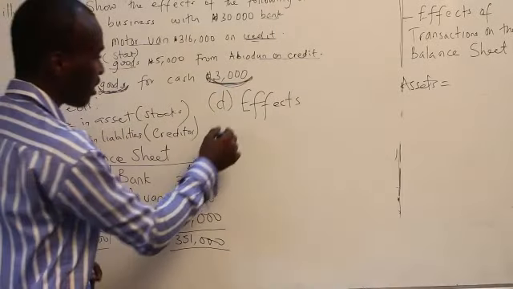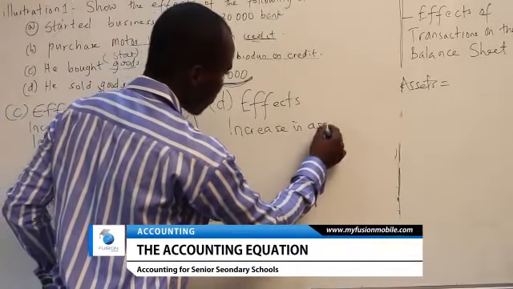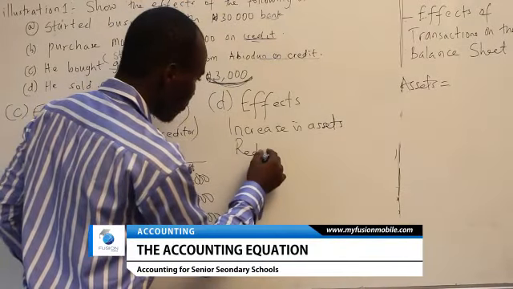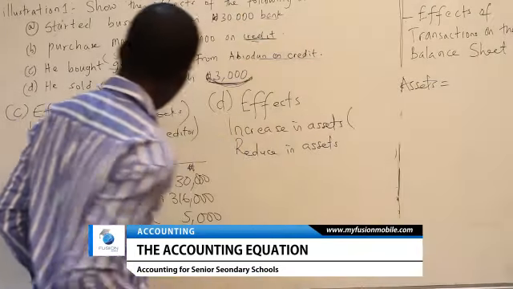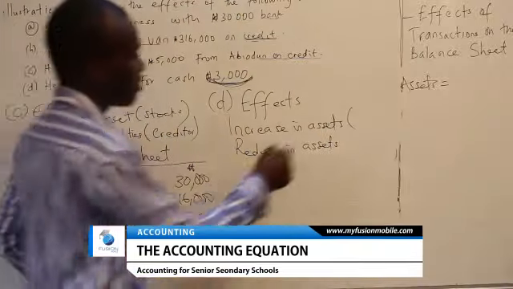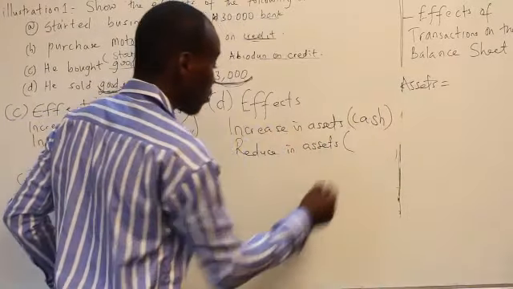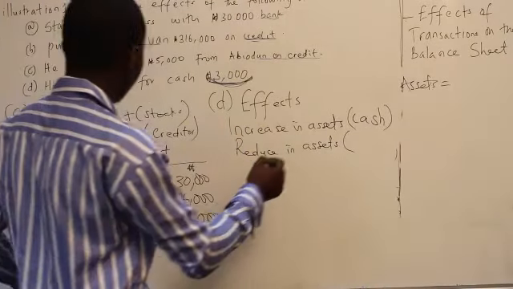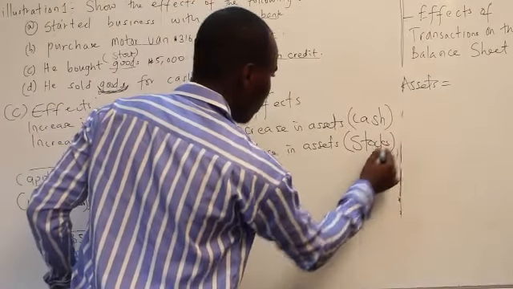So the effect is an increase in assets and a decrease in assets. The increment in assets is the cash coming in from the sales of goods, while the reduction in assets is the goods going out, which is the stock.